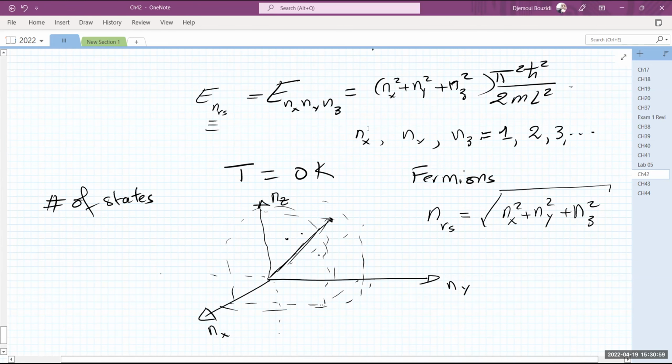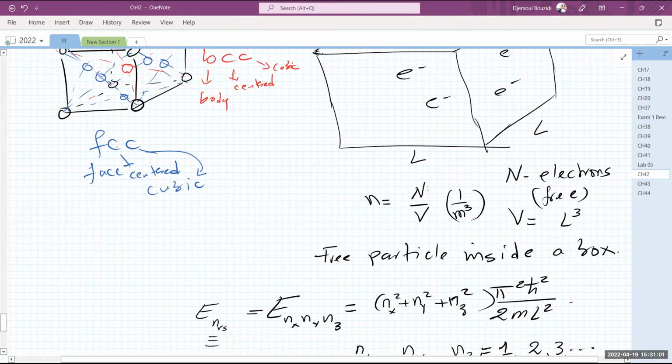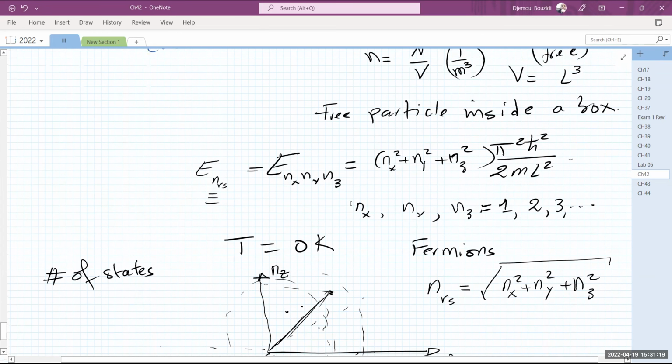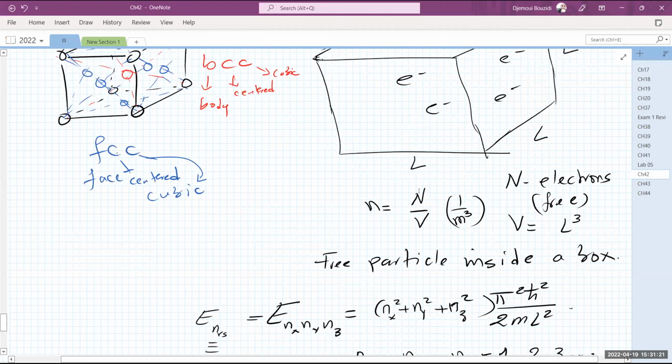Because as I start to pile up my big N electrons, I have to start from the lowest. This is at T equal to 0 Kelvin, which means the ground state has to start from the lowest, but I can only put 2 electrons in there. So the third electron has to go to the next energy level, and so on and so forth, until I reach the surface at T equal to 0 Kelvin, where I have filled up all of my electrons.